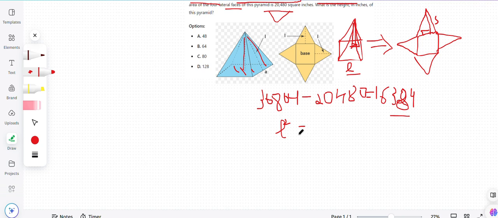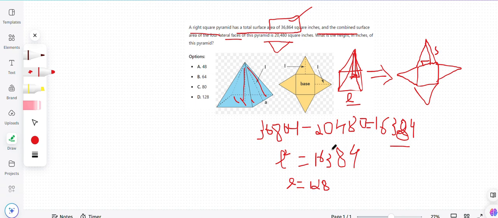So L squared equals 16384, and in this case L equals, please ignore my handwriting, 128. So we have found L, the length of the square base. So our work is half done.